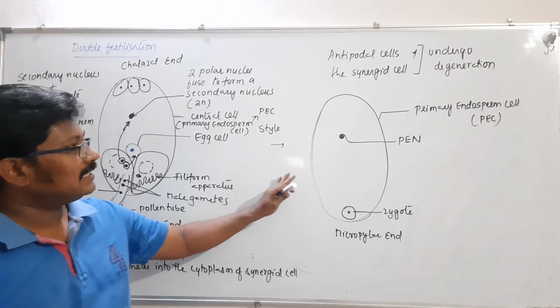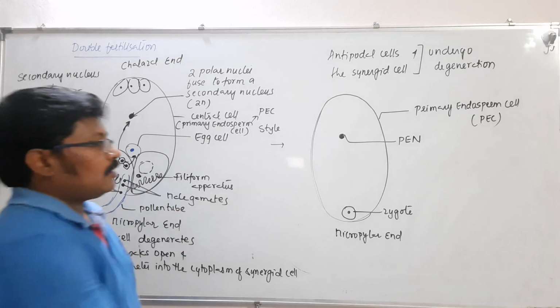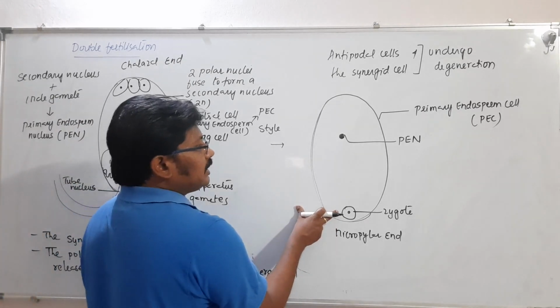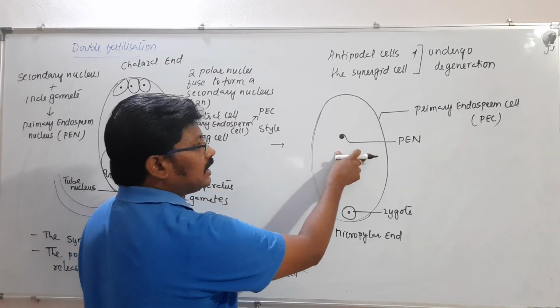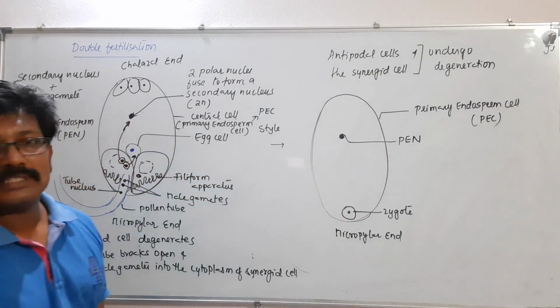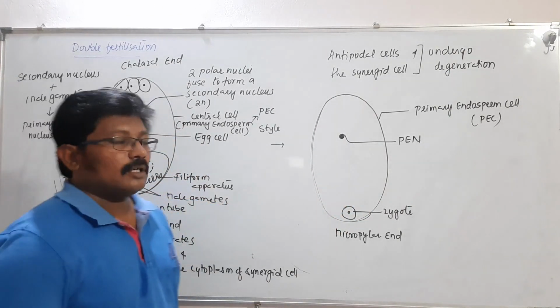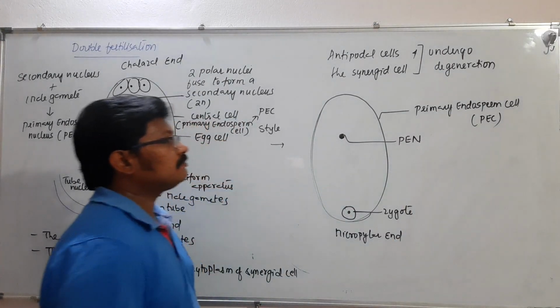So what we see inside the embryo sac finally is a zygote. The polar nuclei have become the primary endosperm nucleus, and the whole embryo sac cell became the primary endosperm cell.